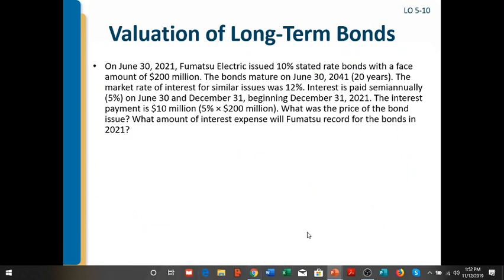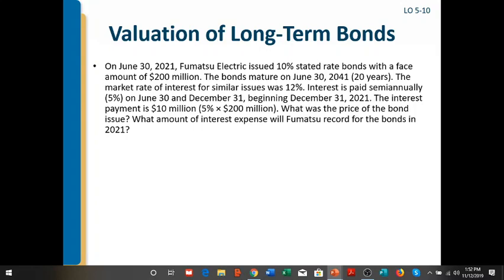Some of the uses for this will be either present value of an annuity or present value of an annuity due. One is valuation of long-term bonds.